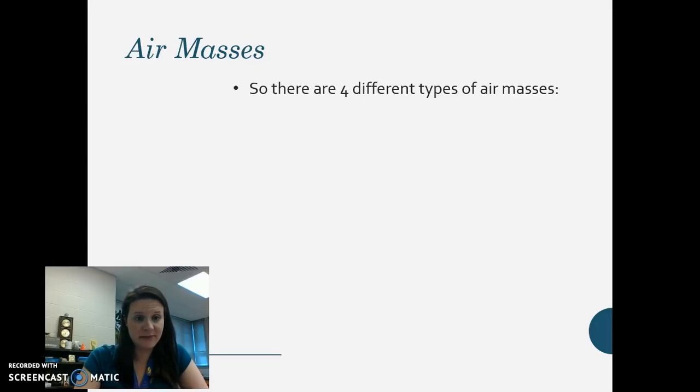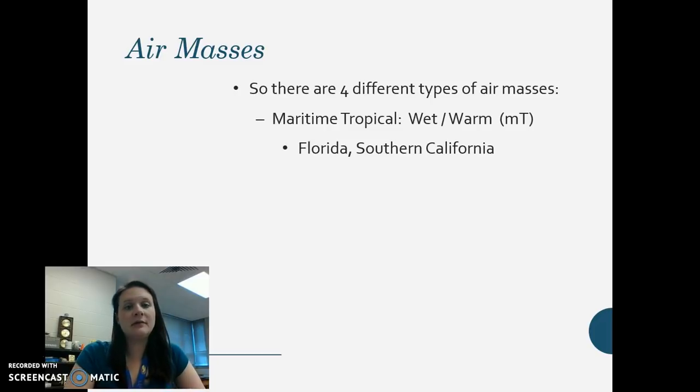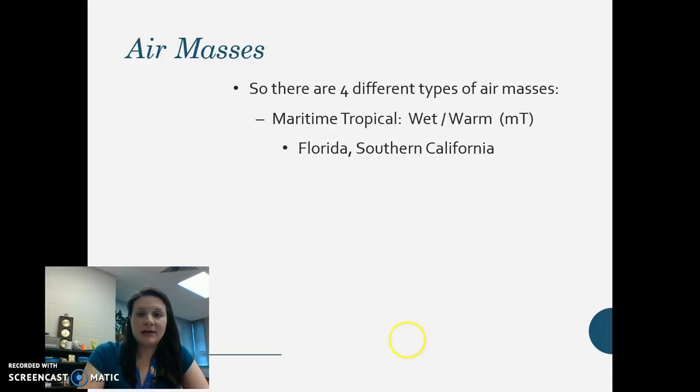So there's 4 different types. The first one we call maritime tropical. So if you took good notes, hopefully, you know that means it's going to be a wet and warm air mass. This here is important. The little m, capital T, that's the symbol that we use for that air mass on a weather map.